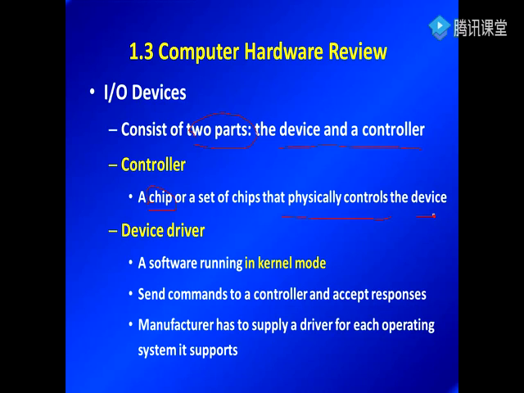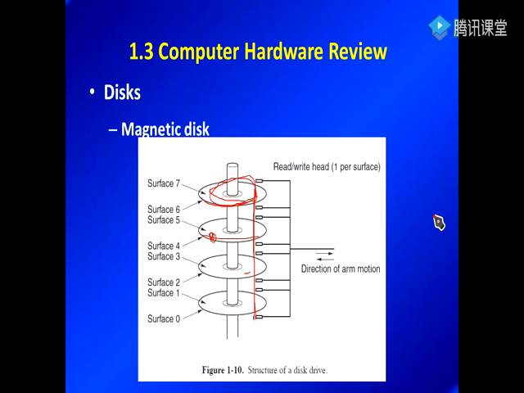For example, in the figure about the magnetic disk, you have to move these arms left or right, in or out, and who can control the device to move the arm? Its controller.